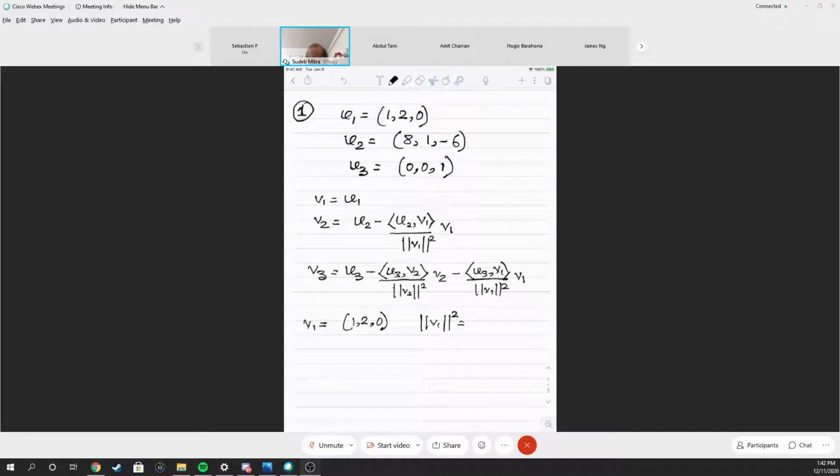Inner product of V1 and V1. 1 plus 4 is 5. So V2 is U2 minus... Okay, let's first do the inner product of U2 and V1 to make our life easy.